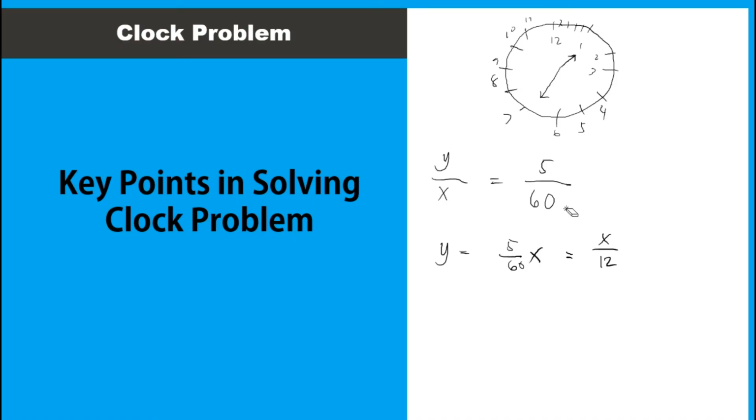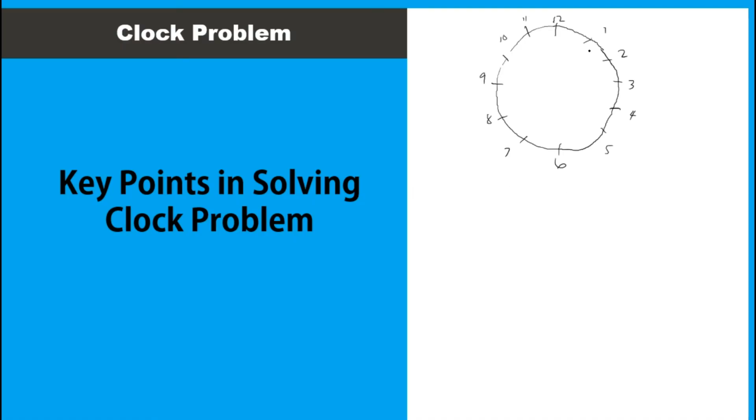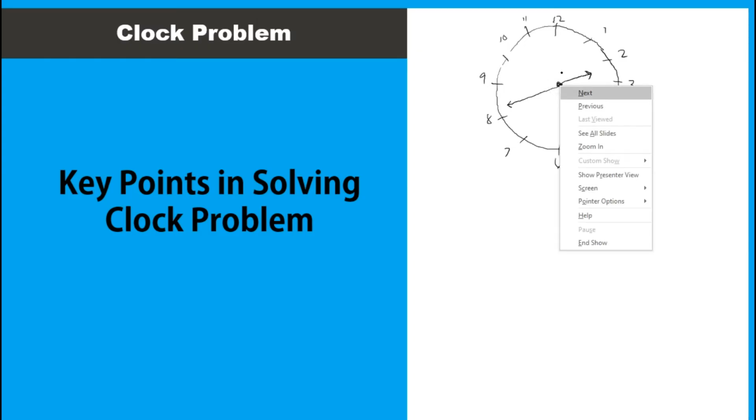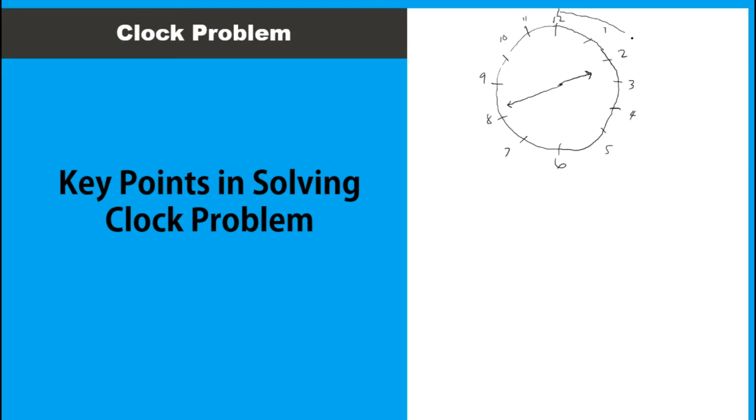So let's try this. Let's say for a given time interval, this is the hour hand. Let's say that this is the minute hand. So in this example, the minute hand will travel for x. So this is x.